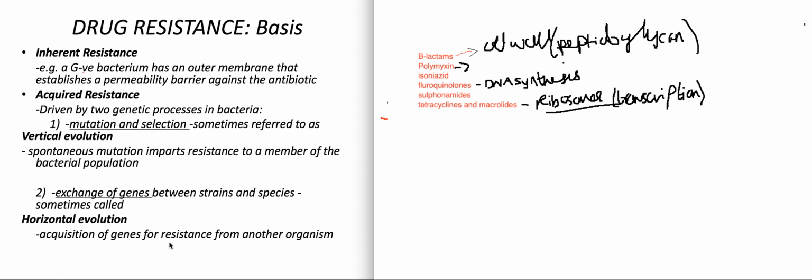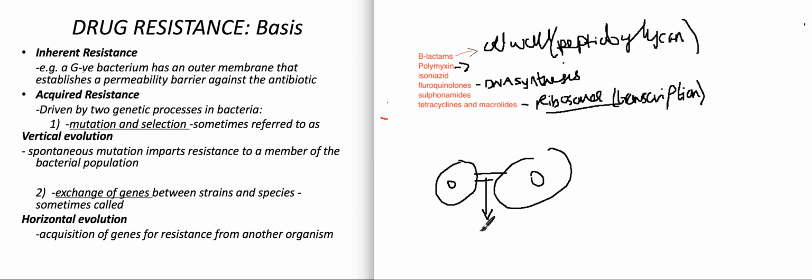Horizontal is when you have two cells like this, and they form a tube. So this is a conjugating tube or a tunnel. This is your circular DNA, which contains resistance to tetracycline and various different types. This is the area within your gene which contains the genes.